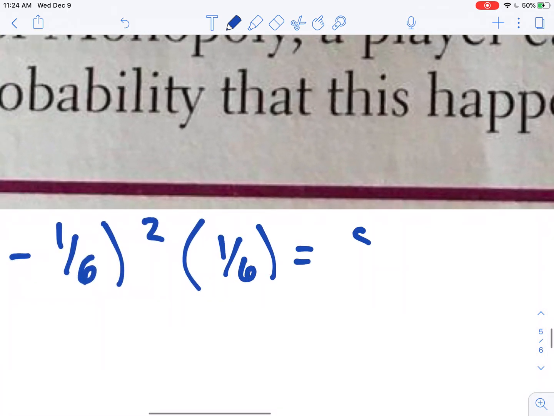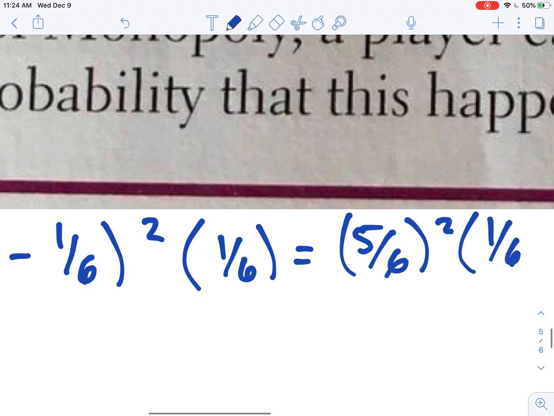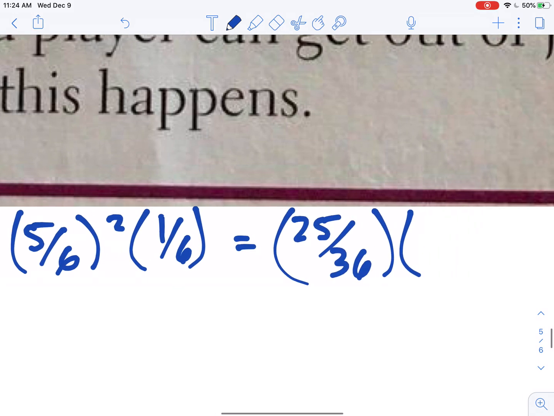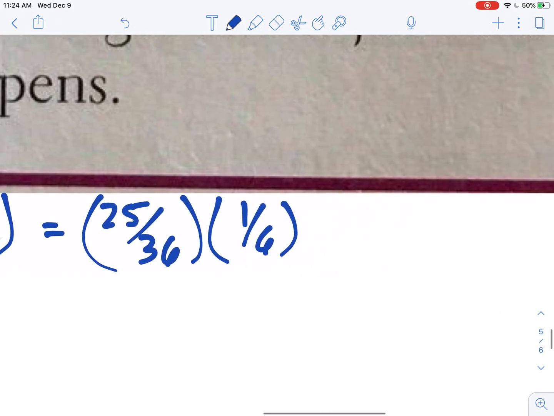So this is equal to (5/6) squared times 1/6, which is 25/36 times 1/6. And this is equal to 0.1157.